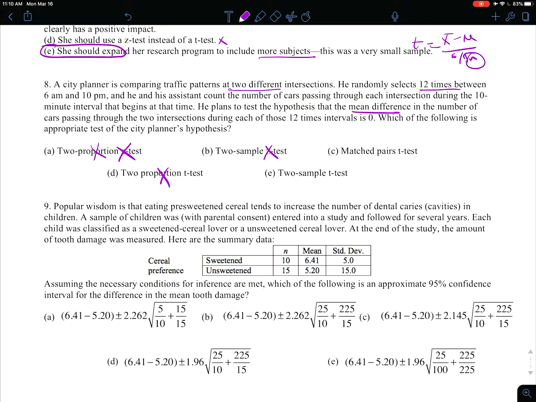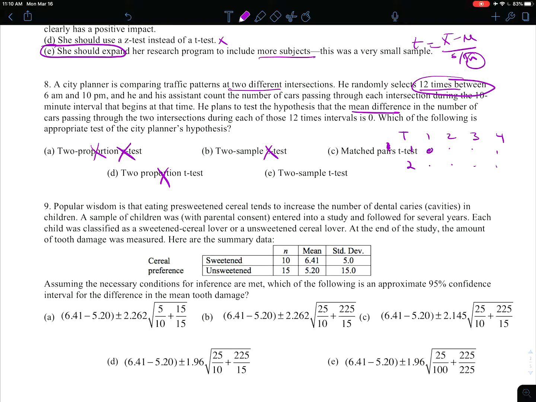This really comes down to, is it a 2-sample t-test or is it matched pairs? And I think the biggest indicator is the one random selection of 12 times. So you've got, for example, time 1, time 2, time 3, time 4, and then you've got intersection 1 and intersection 2, and you're going to have a measurement there, a measurement there, a measurement there, a measurement there.